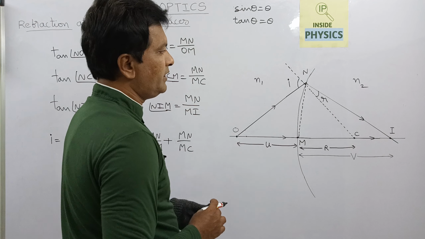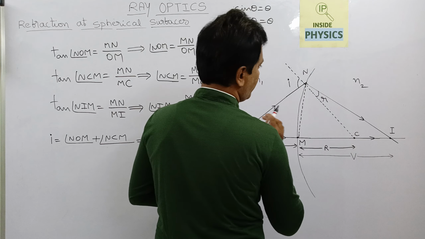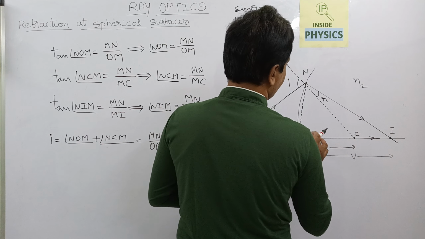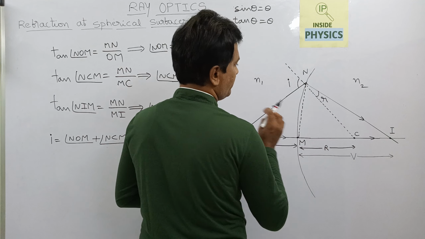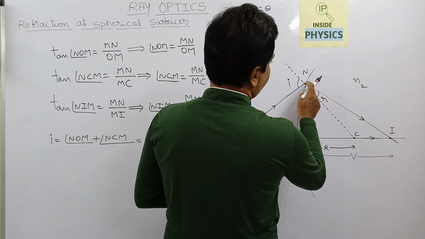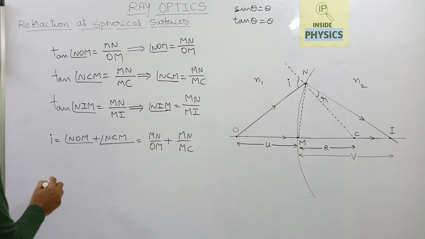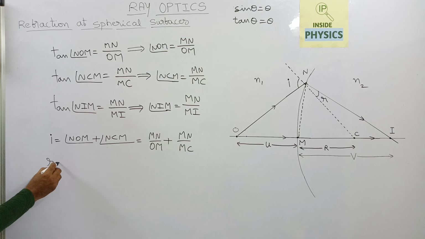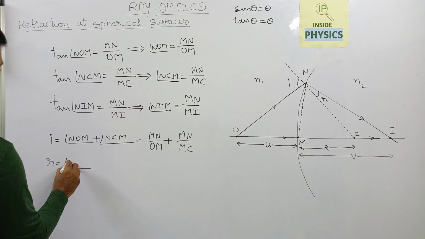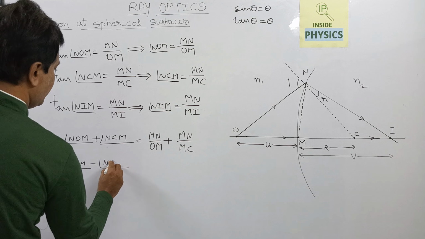The angle of refraction will be from the triangles NIM and NCM. The angle of refraction can be obtained by subtracting angle NIM from angle NCM. So R, the angle of refraction, is equal to angle NCM minus angle NIM.